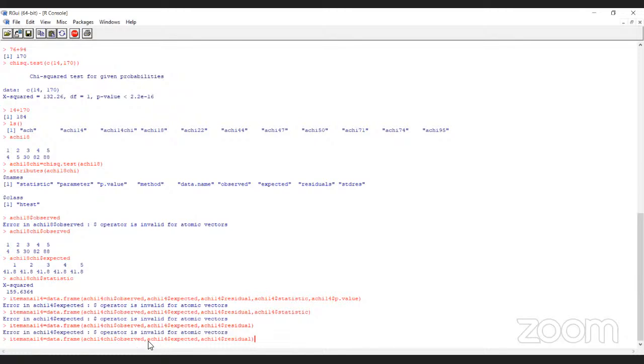Dollar operator is invalid. Okay. Instead of the data frame, I got it, sir. It's like the way we wrote observed here. Same way it should be HI4 chi dollar. Yes, yes.